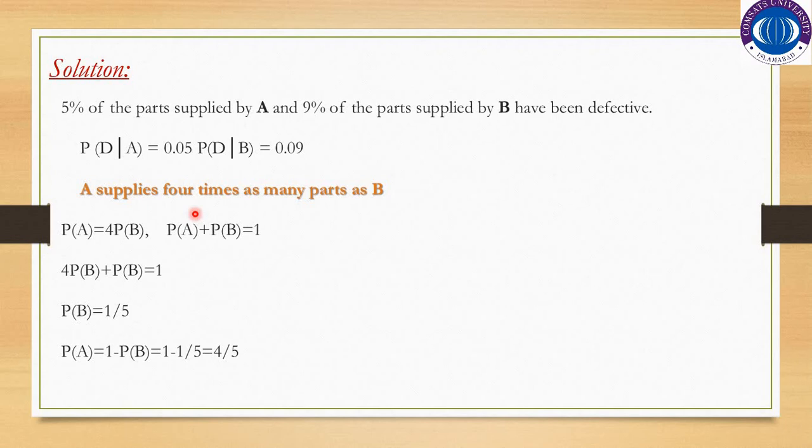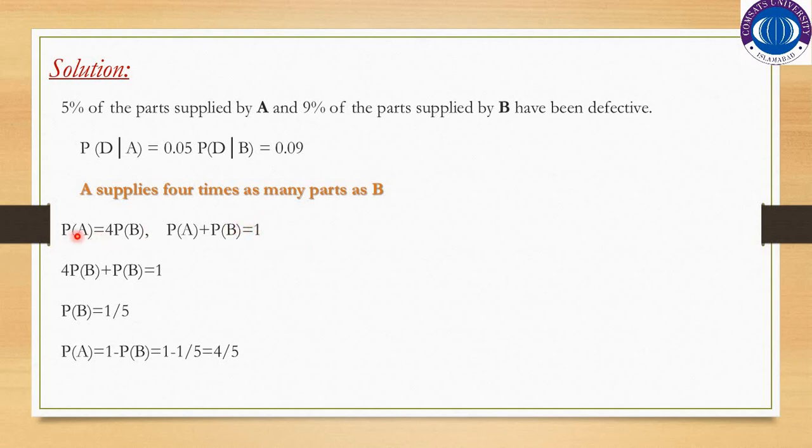In this particular scenario, we only have 2 events: the supply could be from supplier A or from supplier B. There is no third option, and both events are mutually exclusive too, like A intersection B is the empty set. Since we have only 2 possibilities, the sum should be 1.